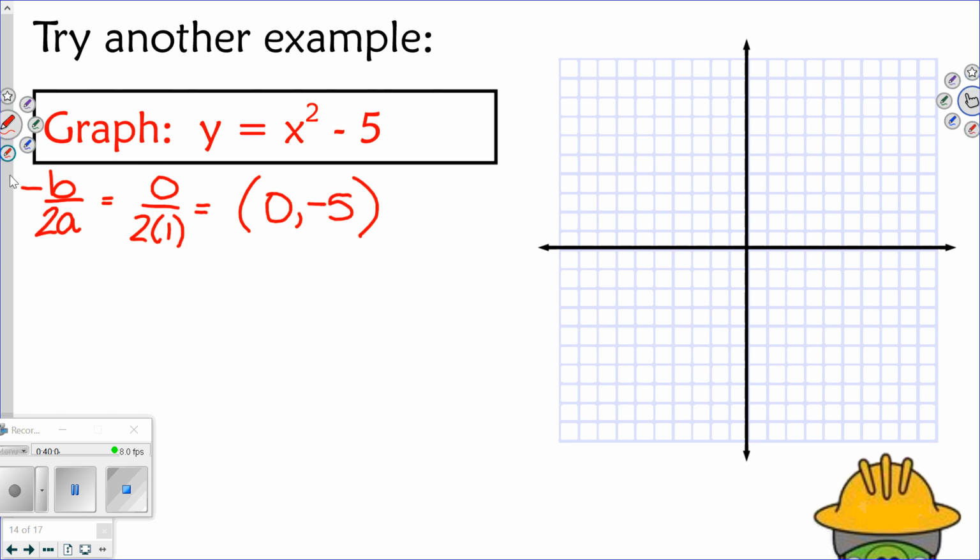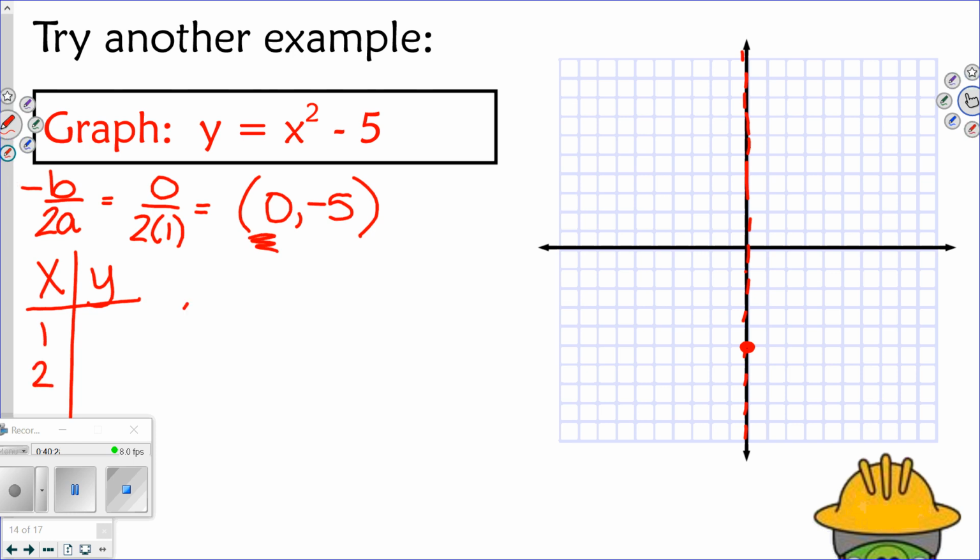So my vertex is at 0, negative 5. All right, and then you'd make an XY table. What would you plug in for X? Good. This is a 0, so I'd go 1 and 2.